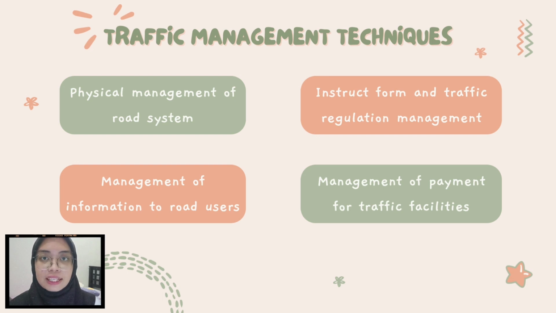Next, traffic management techniques. There are 4 traffic management techniques. The first one is physical management of road system, second is instruction form and traffic regulations management, third is management of information to road users, and the last one is management of payment for traffic facilities.